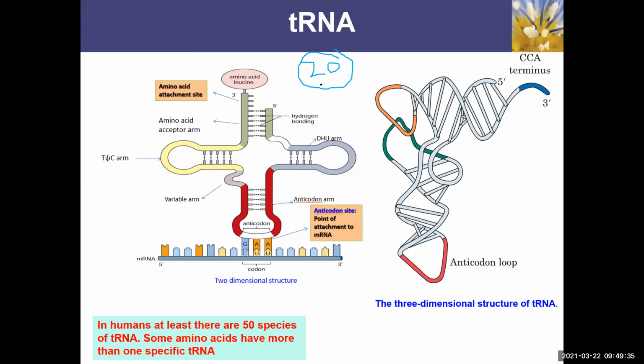We might have 45 tRNAs, maybe 50 tRNAs, right? So that means we have more than one tRNA for a particular amino acid, because we have just 20 amino acids. So what is the main job of tRNA?